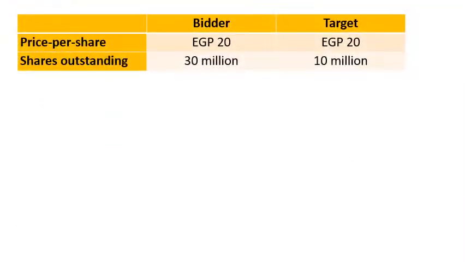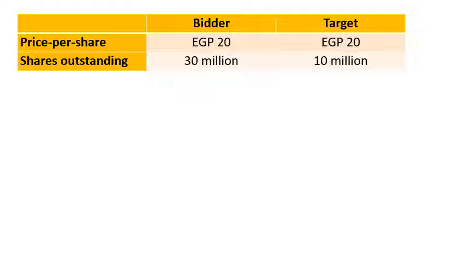Recall that the price per share for the bidder is 20, and target shares are traded at the same price, at 20 Egyptian pounds, and the number of shares is 30 million for the bidder and 10 million for the target.